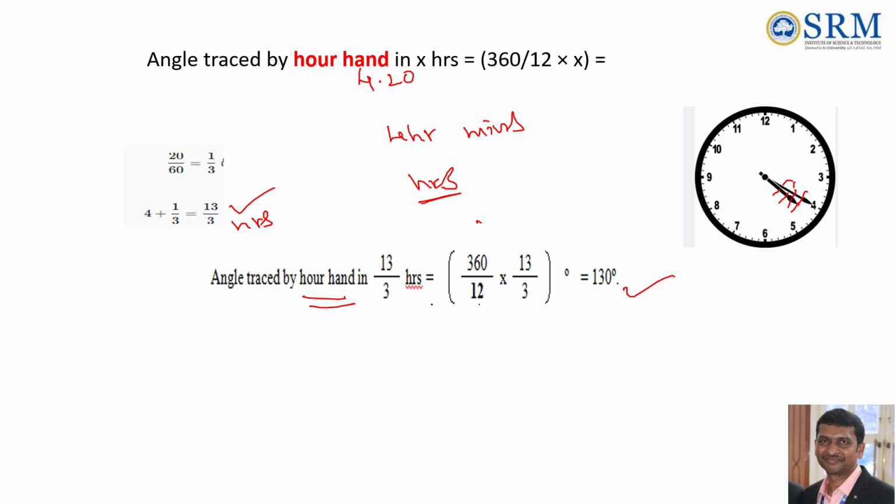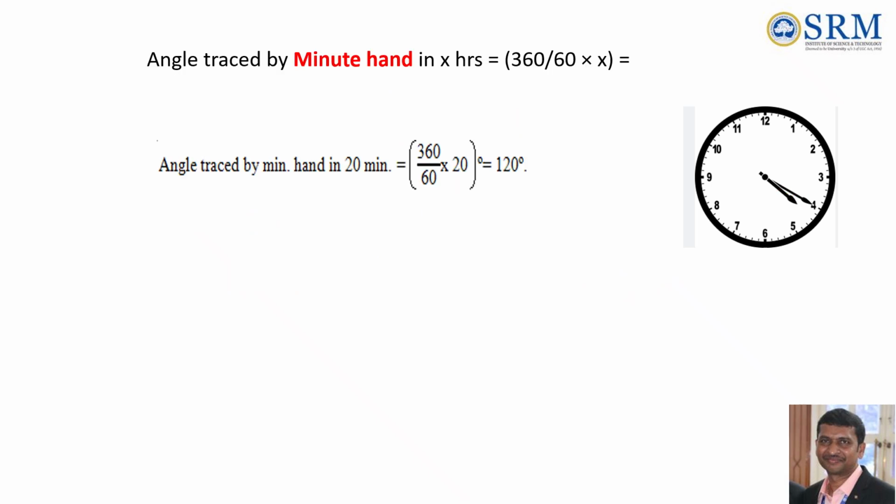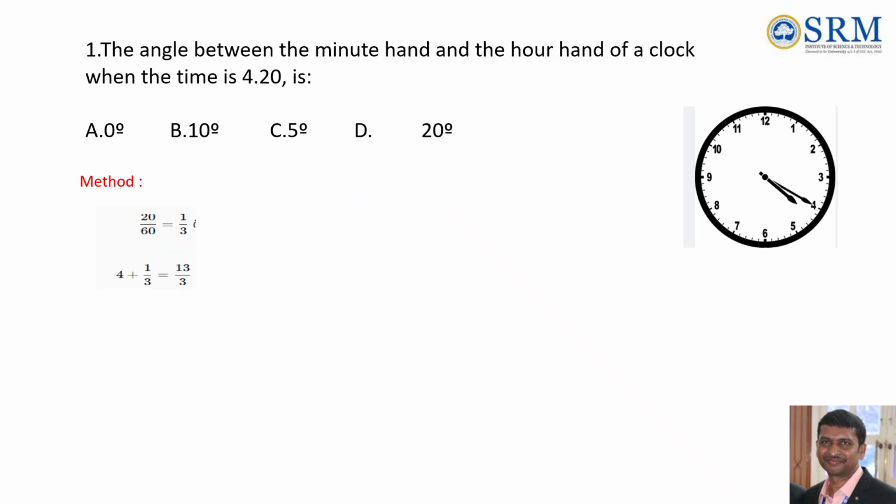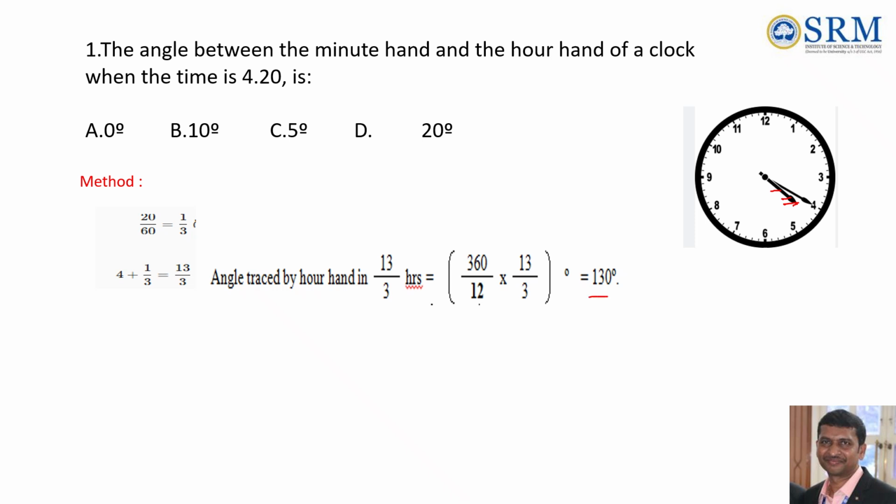Now we will see how much the minute hand rotated. The minute hand has completed 20 minutes. 360 by 60 is 6 degrees per minute, so 20 minutes traces 120 degrees. Now for 4:20, the hour hand completed 130 degrees and the minute hand traced 120 degrees.